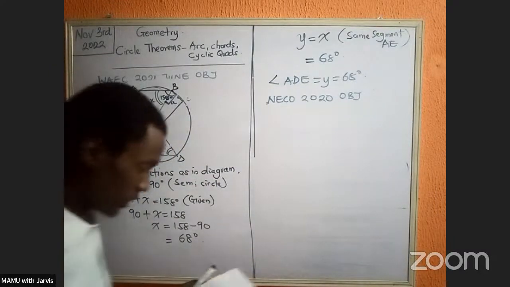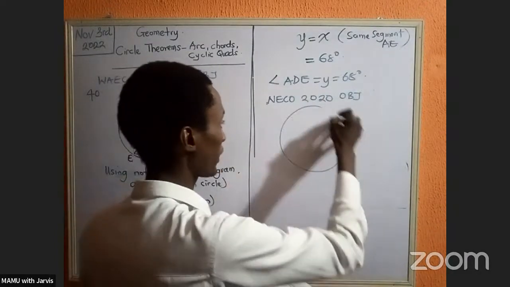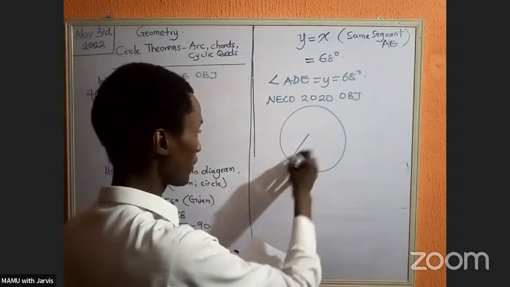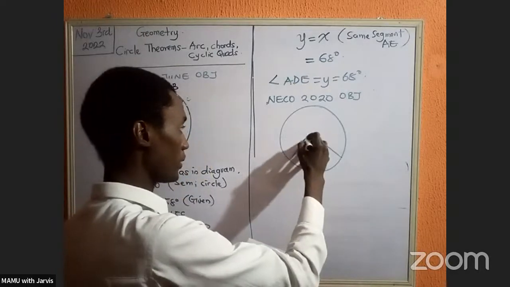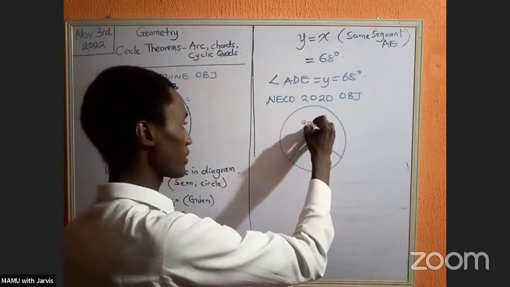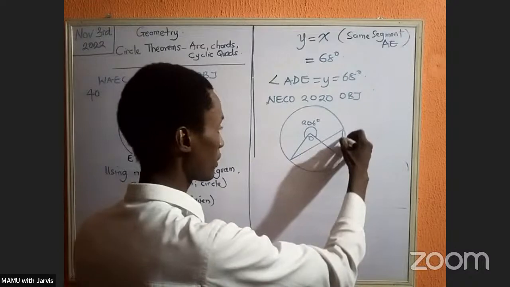Now the question says we're going to draw the diagram, more like this, with center. I'm told this angle is 206 degrees. This is coming in this direction.